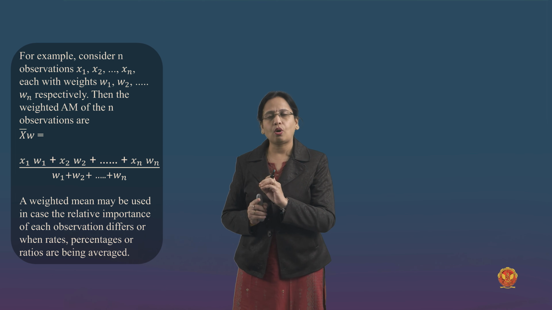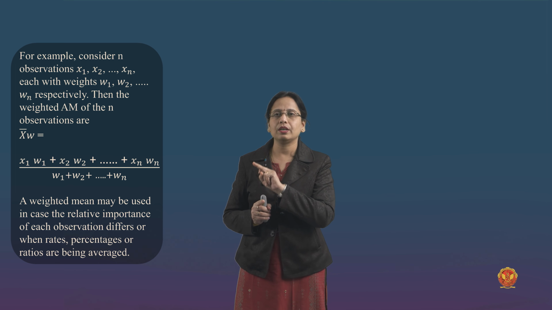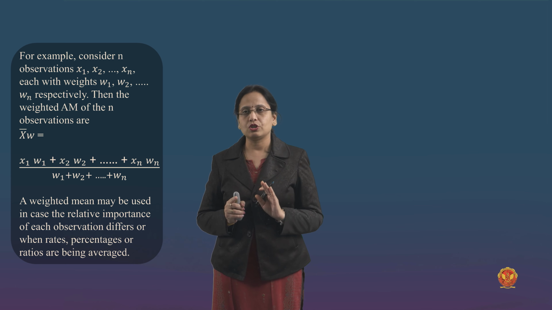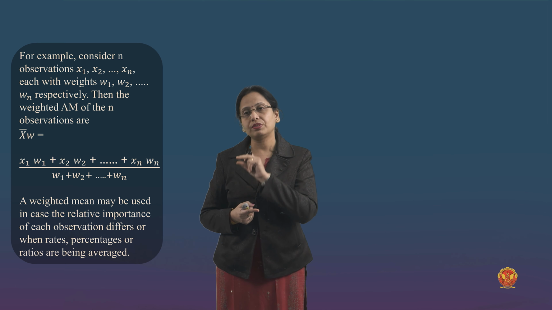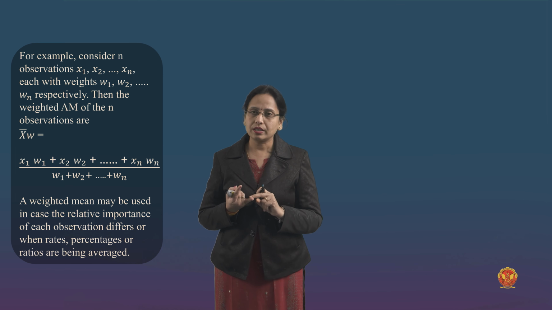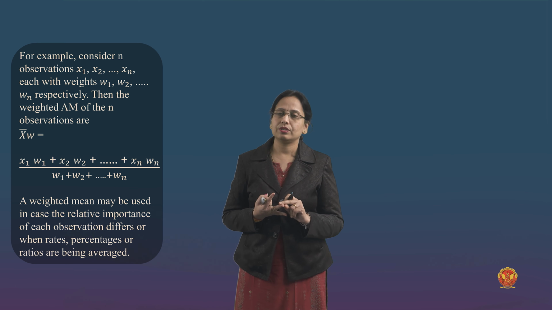If we consider observations from x1 to xn, each provided with weightage w1 to wn, the formula gives you the weighted mean. It can be used when the relative importance of the observations differs, or when rates, percentages, or ratios are being averaged. The application is specifically in such cases.